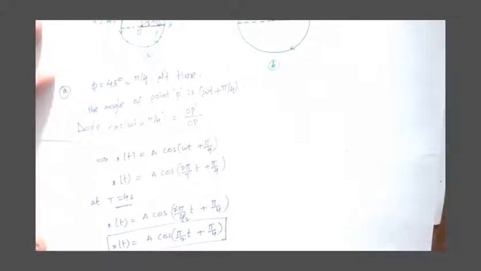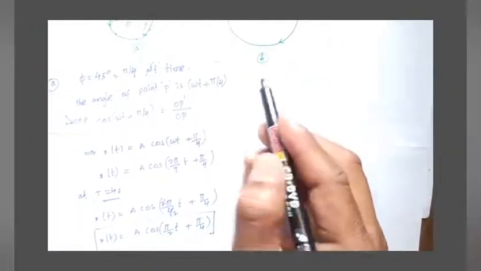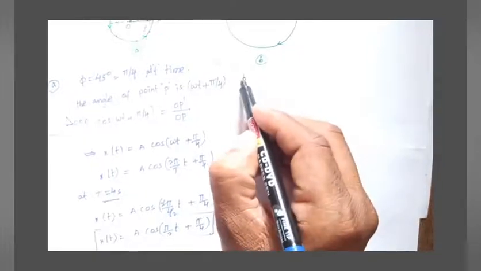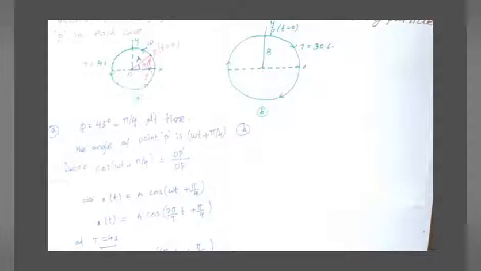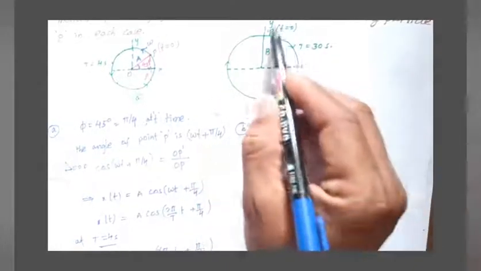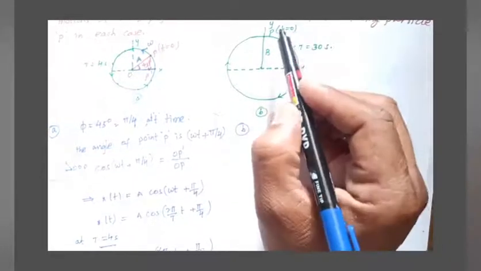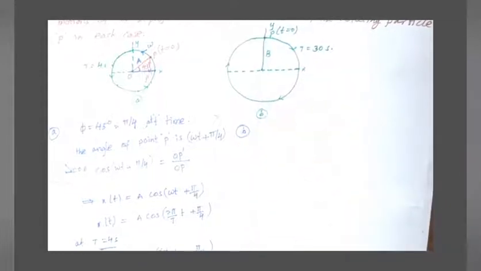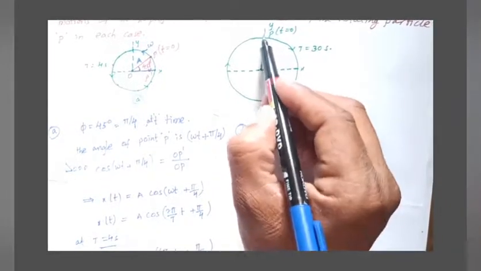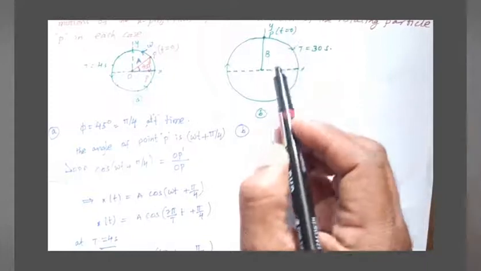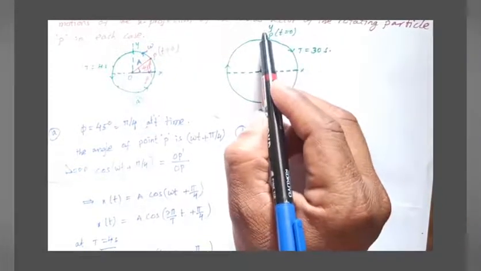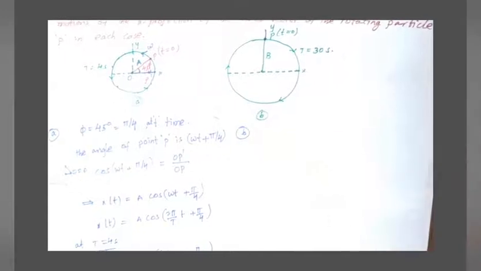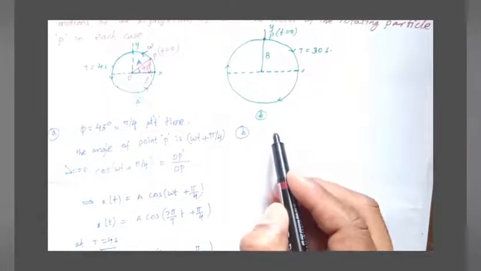So next we can take B. The B diagram is also a circular motion. A particle P is in circular motion. At t equals 0, it is perpendicular to the x-axis, so it is on the y-axis.